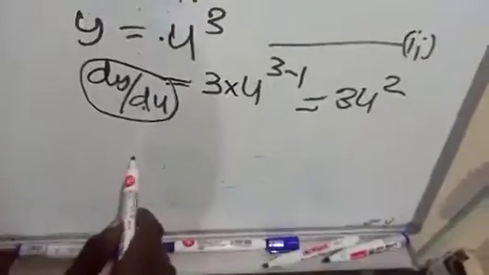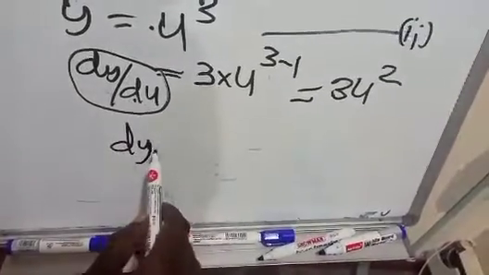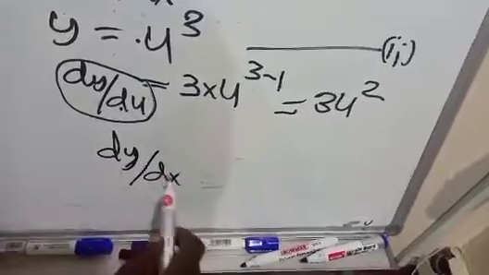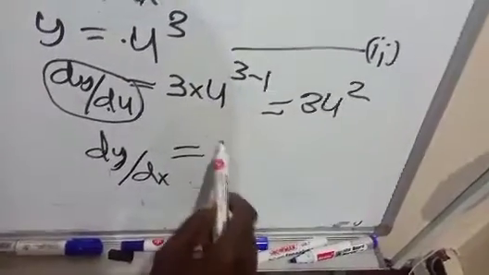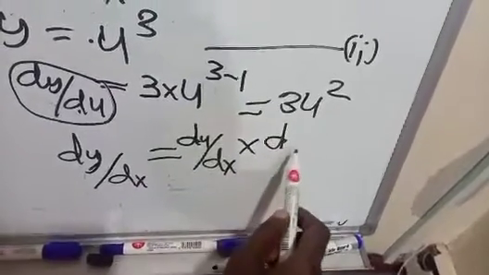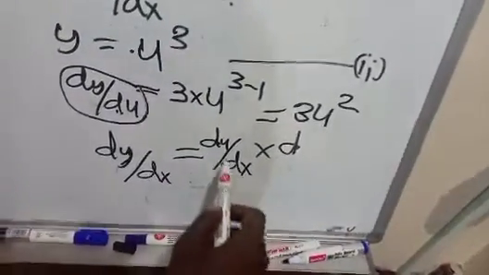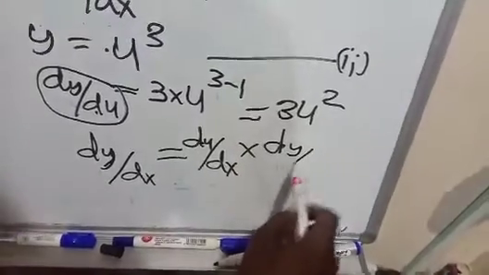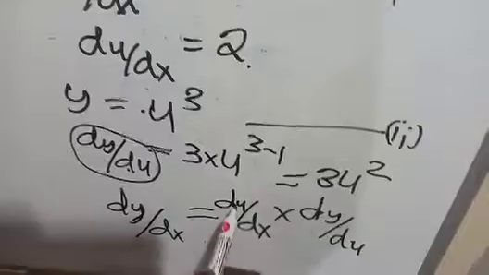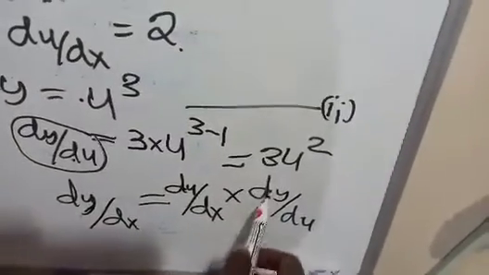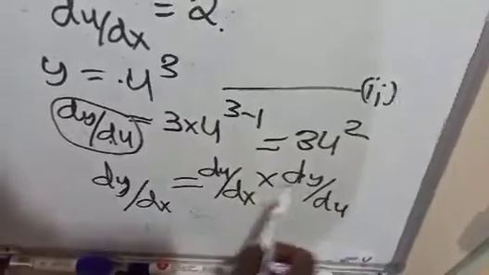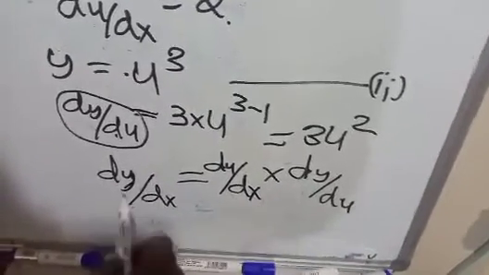So we say dy/dx, the derivative of y with respect to x, is equal to du/dx times dy/du. So we know that we have du/dx, but also we have dy/dx. So when you multiply, this one will be cancelled out, and this one. So you will find that the remaining one will be equal to this one.